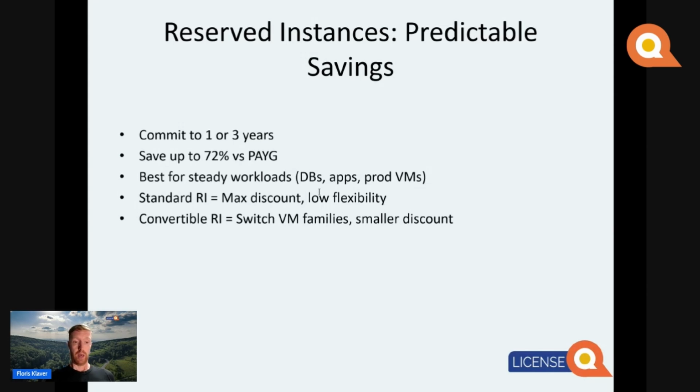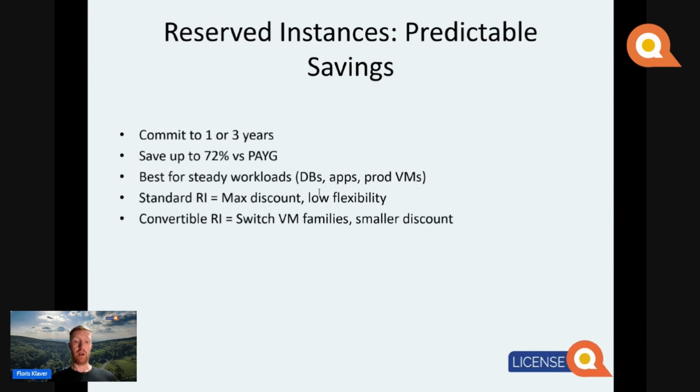So think databases, production applications, VMs, that will always be on. They will always be required, and need to be accessible at all times. Then you could consider moving these services to a reserved instance. You have two options to choose from: standard RIs, biggest discounts, less flexibility, and convertible RIs, slightly smaller discounts, but you can switch VM families if you need this change.